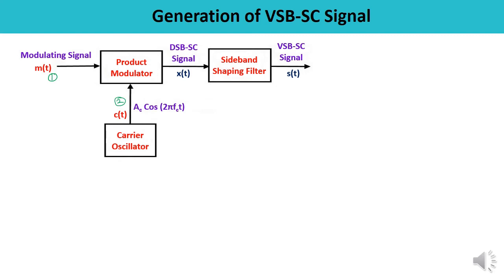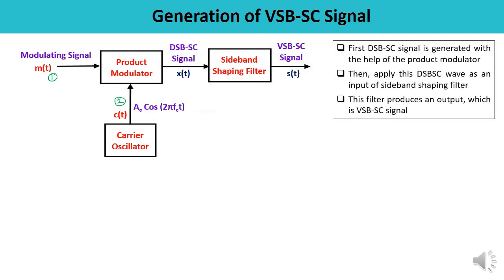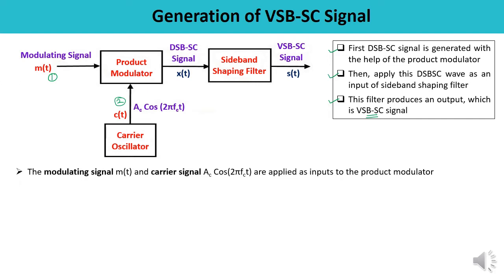It means first we need to generate a DSB-SC signal with the help of the product modulator, then apply this to the band shaping filter, and at the output you will get the vestigial sideband suppressed carrier signal. For the mathematical representation, m(t) is the modulating signal and c(t) is the carrier signal, written as Ac cos 2 pi fc t. These two are applied to the product modulator.